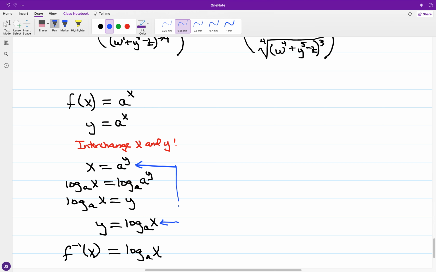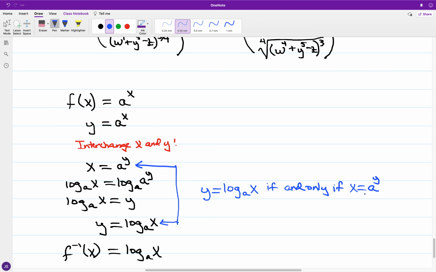And there is a property that's going to involve solving exponential as well as logarithmic equations. Here we're going to have that y is equal to the base a logarithm of x if and only if x is equal to a to the y.